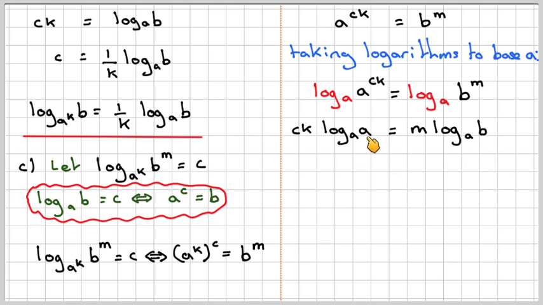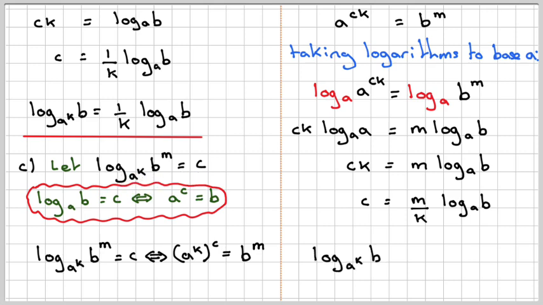Log to the base a of a is equal to 1. So we're just going to have that ck is m log to the base a of b. Dividing through by k, we have that c was m over k log to the base a of b, but c was equal to this. Therefore, we proved our formula: log to the base a to the k of b to the m is equal to m over k log to the base a of b.